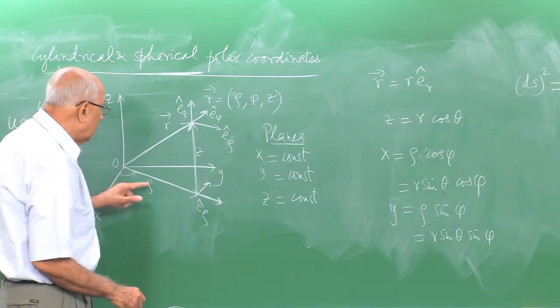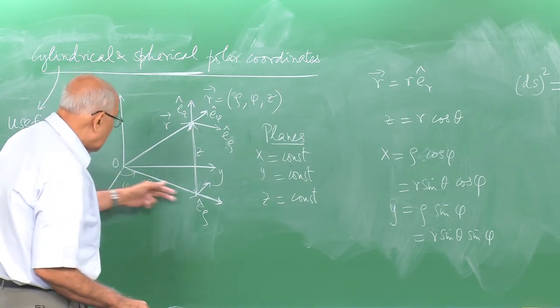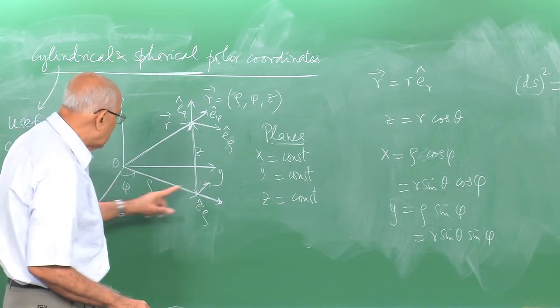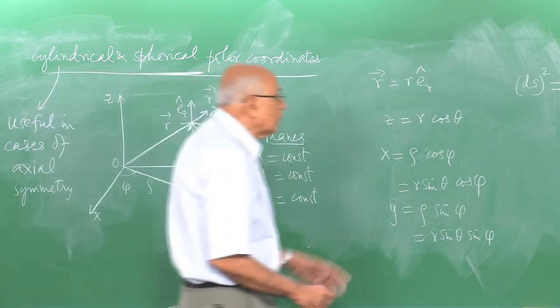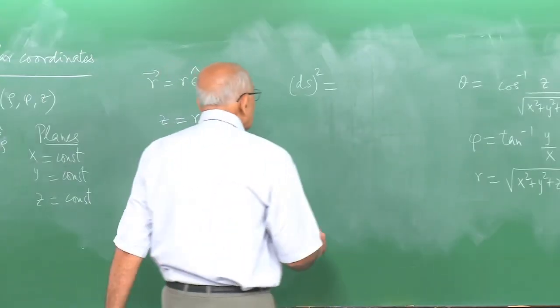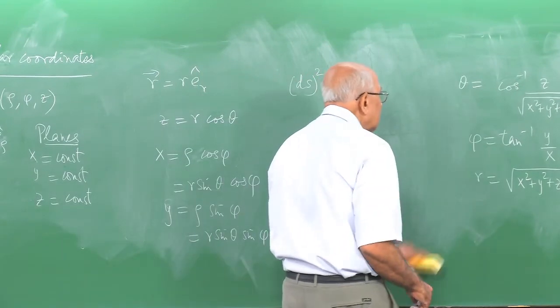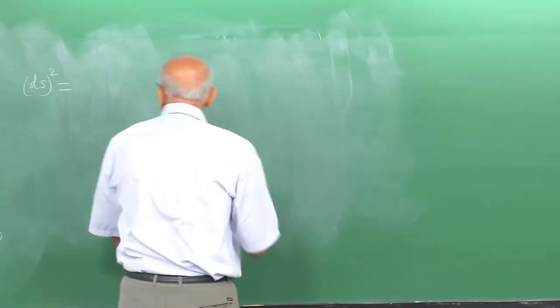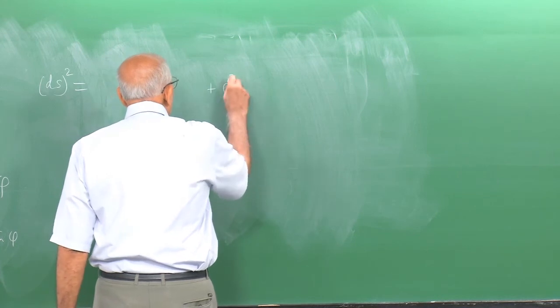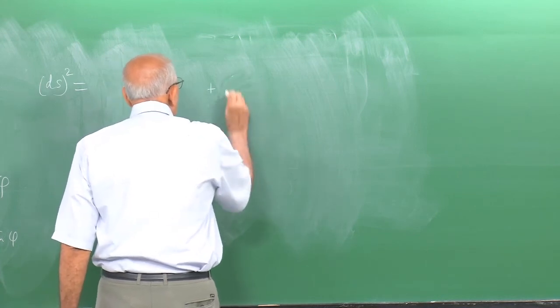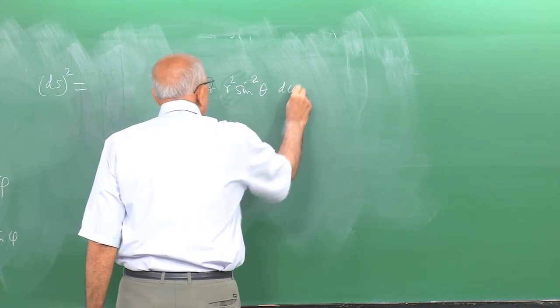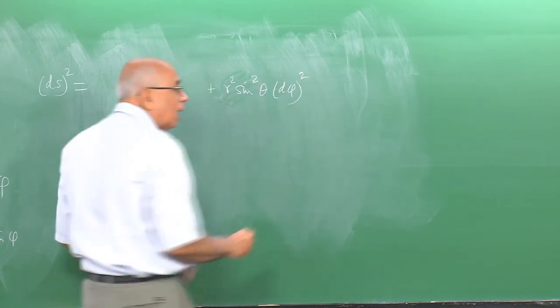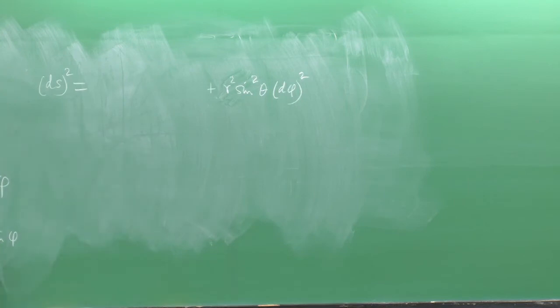So it's immediately clear that the contribution which you get from that portion is rho d phi the whole squared, but rho is equal to r sine theta. So there's going to be a term here which comes plus r squared sine squared theta d phi whole squared. That's the hardest term actually.